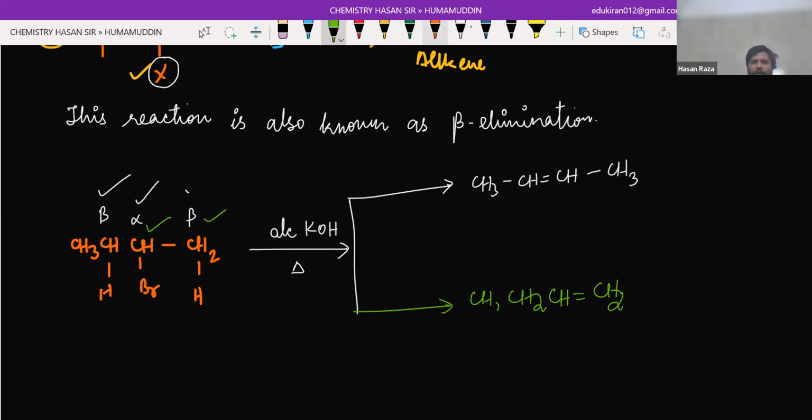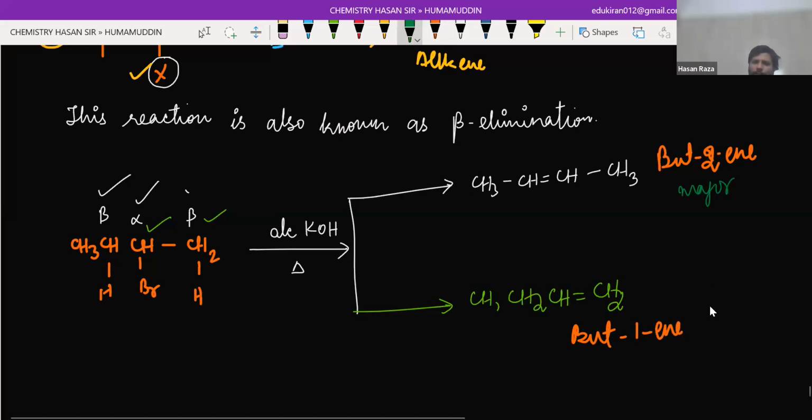So you can see that this is 2-butene, and this is 1-butene, in which this is your major product and this is your minor product. It is due to the Saytzeff rule.